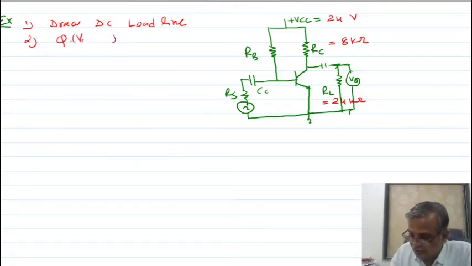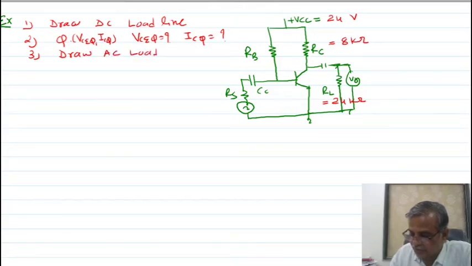It means I have to find VCQ, comma ICQ. Third, draw the AC load line. So let me start the work now.